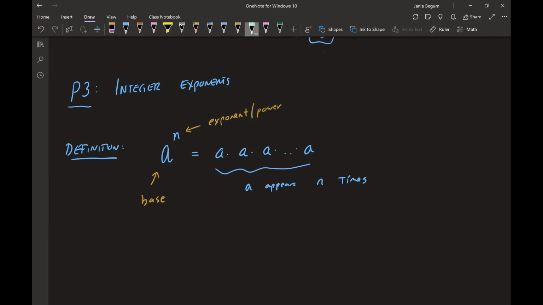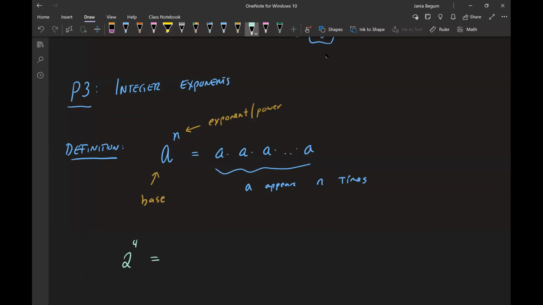Let me give you an example to help you understand this. Suppose you have 2 to the power 4. My base is 2, my exponent is 4. So 2 is going to multiply itself 4 times.